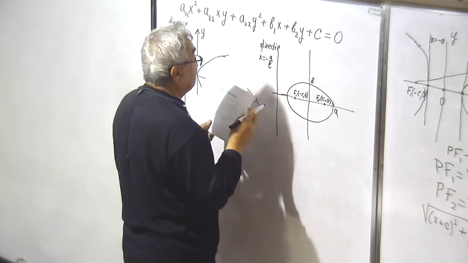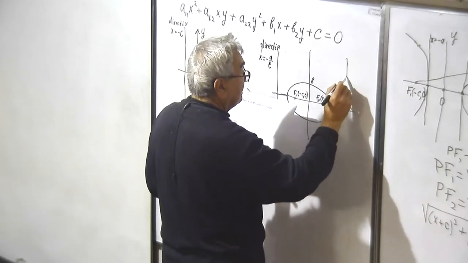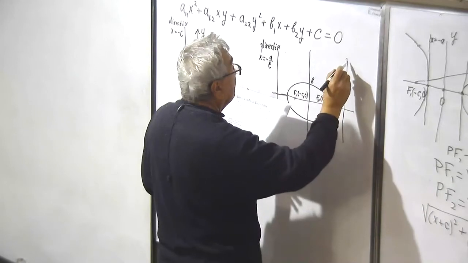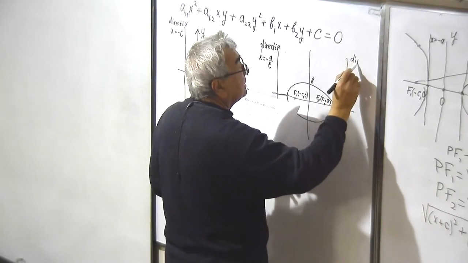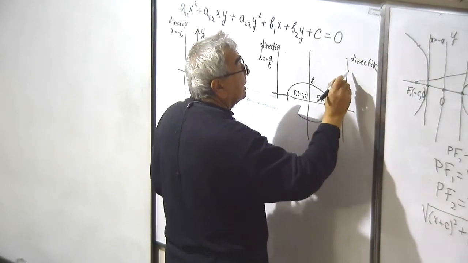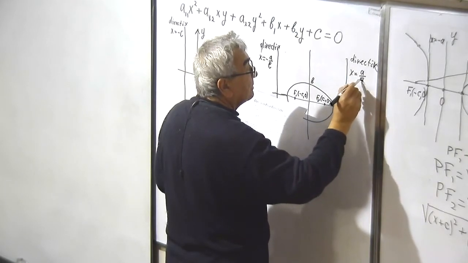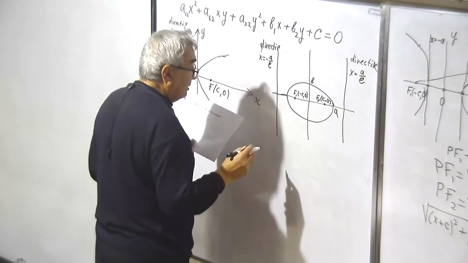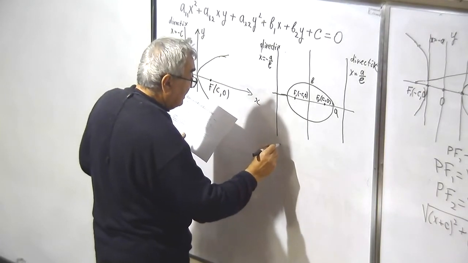I will define what epsilon means. Also the second directrix, x equal to a by epsilon. Epsilon is called eccentricity, E.